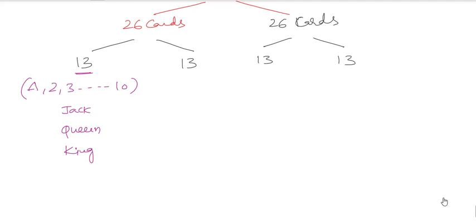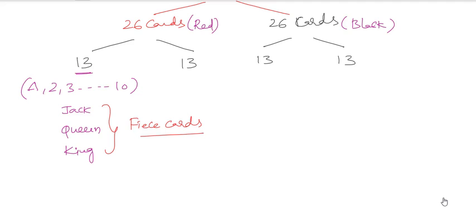These 3 cards we usually call face cards, as you know. And these 13 are hearts, which are red cards, and the other suit is black cards. Sorry, here I did not mention that.